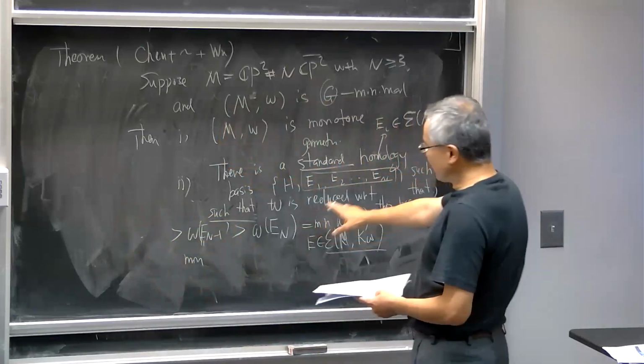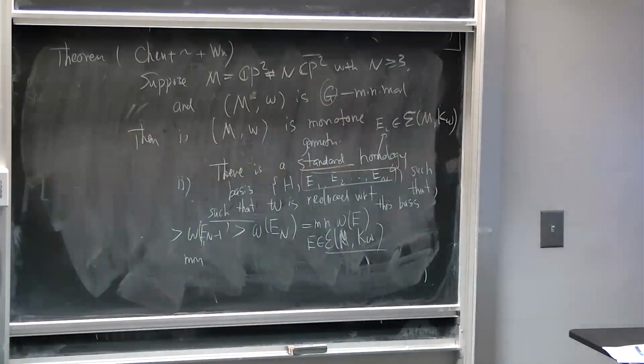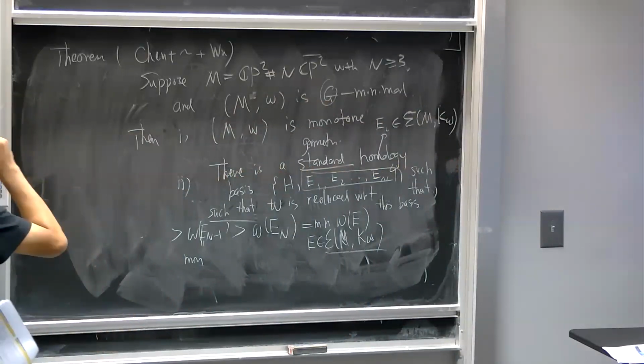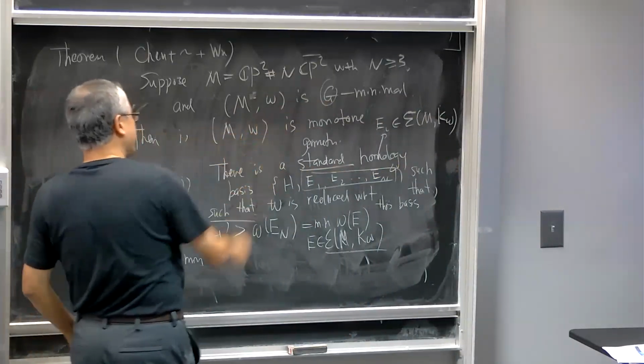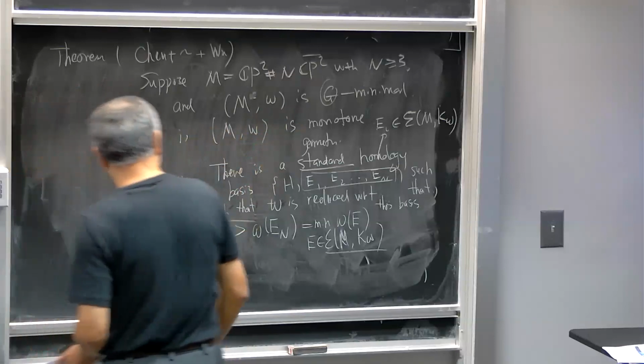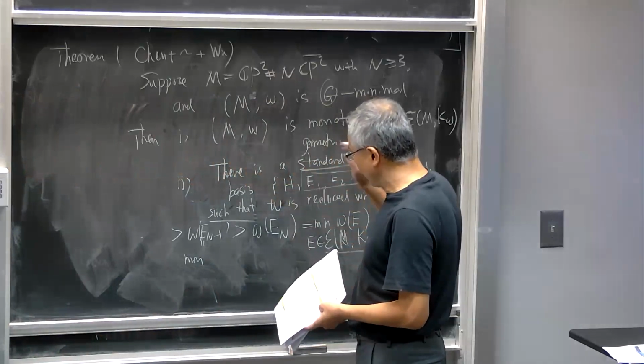Such a basis always exists, but it's not necessarily unique. But the G-minimality condition will force the next condition about such a basis that we can find.